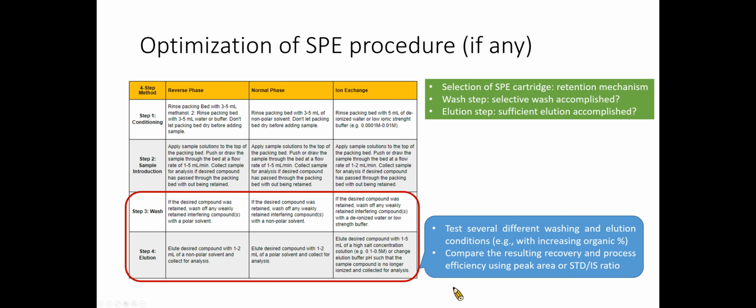If your analytical method includes a sample pretreatment step, such as a solid phase extraction, the process efficiency will be the important parameter in determining the method sensitivity. By testing the different washing and eluting conditions, we can arrive at the optimal SPE protocol by comparing the acquired peak areas or peak area ratios like standard to internal standard ratio.